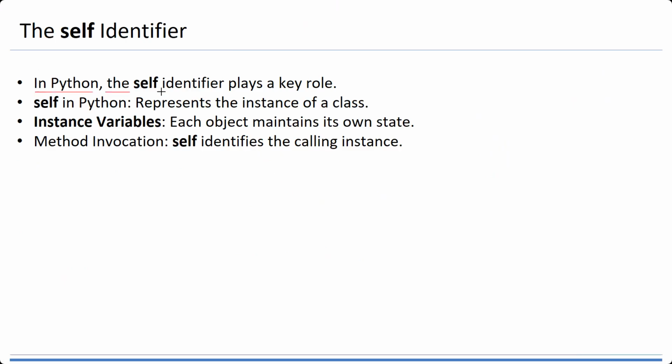In Python, the self identifier plays a key role. Self in Python represents the instance of the class. And whenever we have instance variables, every object maintains its own state.